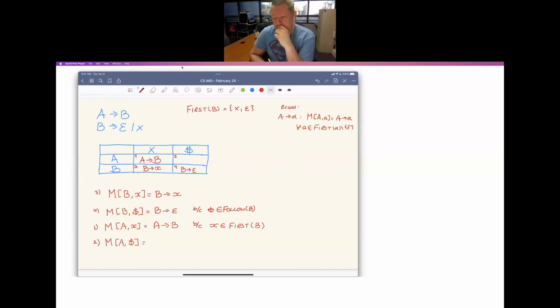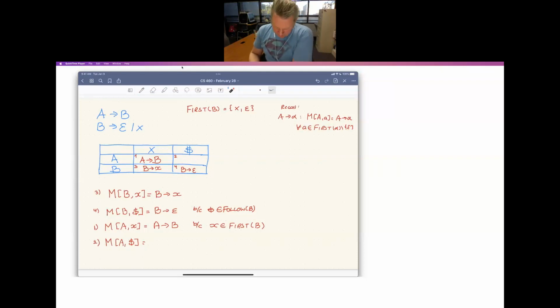So Jonathan says, Nathan, what do you mean for first of b equals x comma epsilon, or first of b equals epsilon comma x? The same. It's the set, right? The order doesn't matter. Or am I misunderstanding your question? No, it's a set of elements. The order doesn't matter because you're quantifying over it here, right? You're saying for all, so you're just taking them out, and then whatever you take out chooses the column for you.